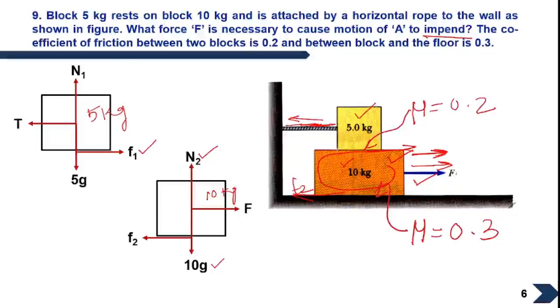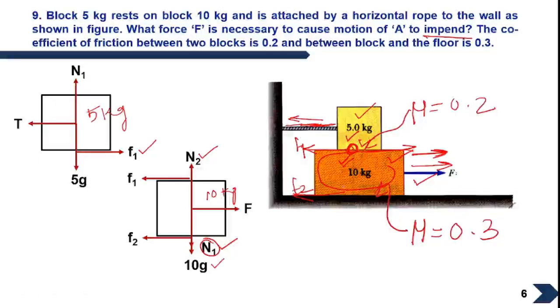One more surface is between the 5 kg block and the 10 kg block, which will also give friction acting opposite to the direction of force, and that will be your F1. And one more thing we should not forget: since the 5 kg block is kept over the 10 kg block, its weight will be acting downward on the 10 kg block, and that we can take as N1.